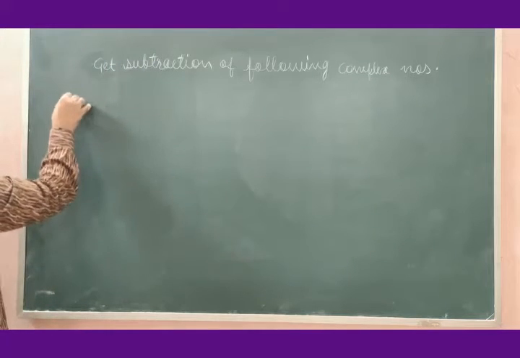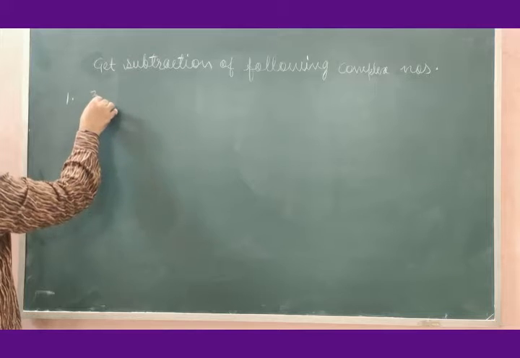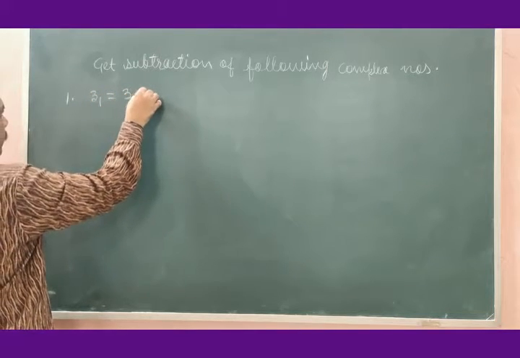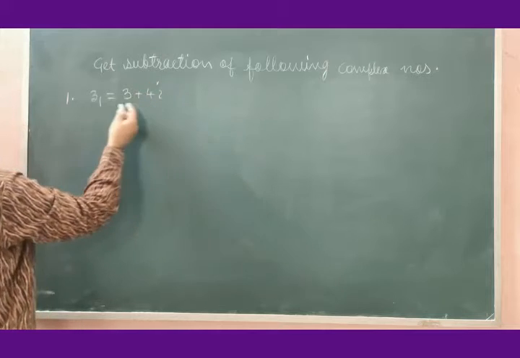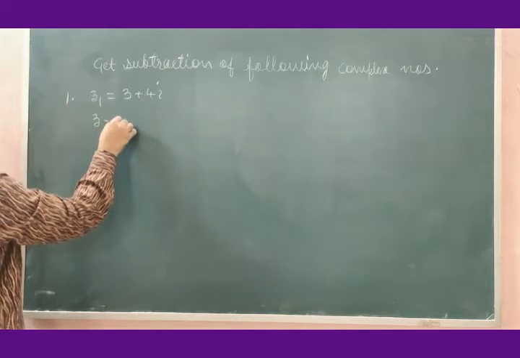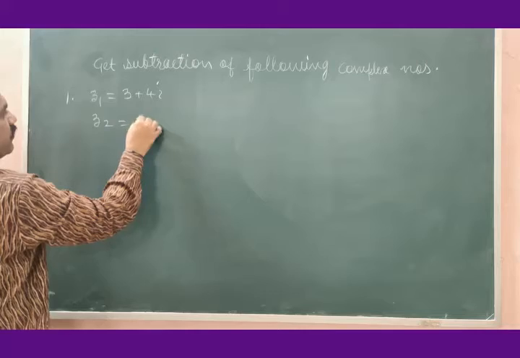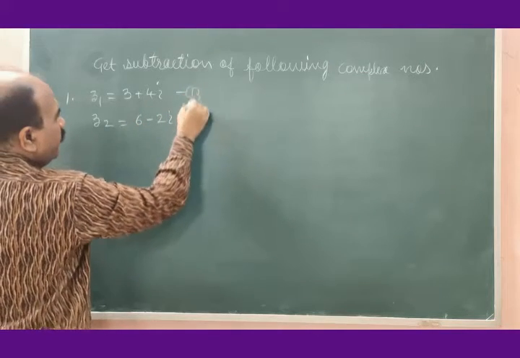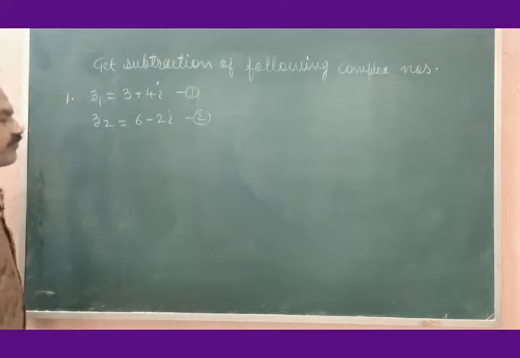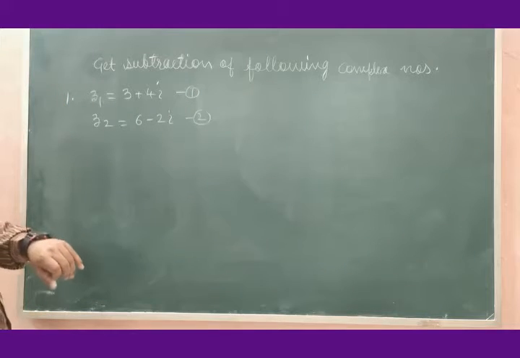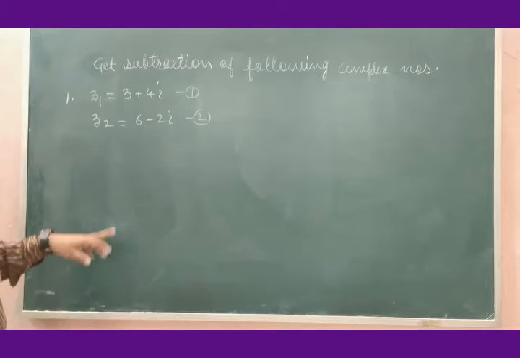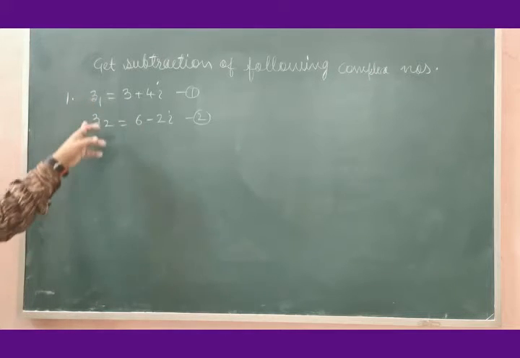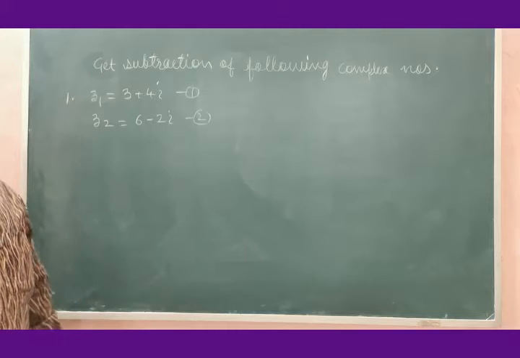First one, complex number Z1 is equal to, Z2 is equal to. So the first problem is two complex numbers given, Z1 and Z2.